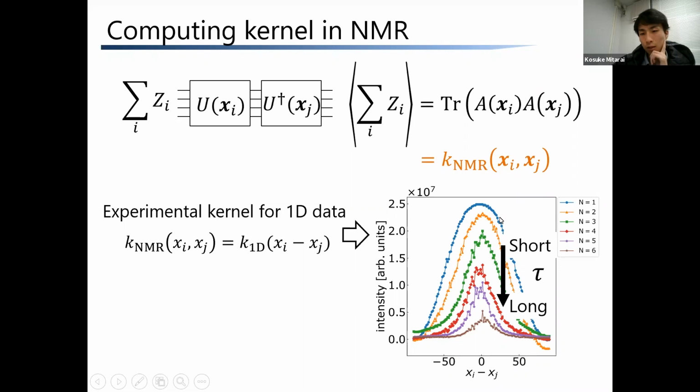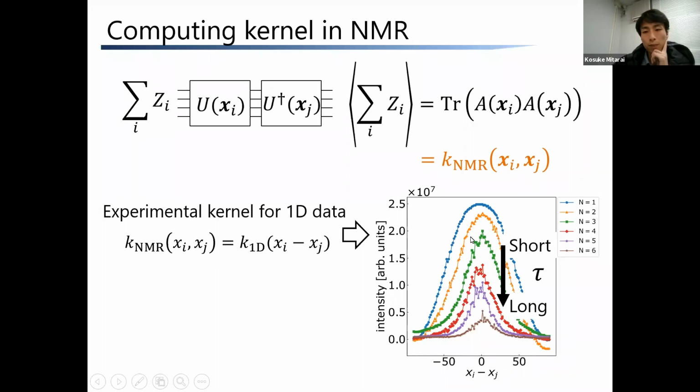The blue line is the shortest tau, which has less decoherence, and in the long time we have more signal, and the intensity of the signal is suppressed by the decoherence in the NMR experiments.